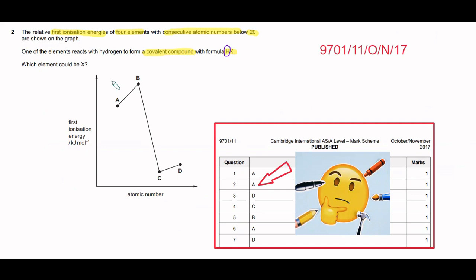In order to know whether A, B, C, or D is that particular halogen, we have to rely on the ionization enthalpy trend. I have group 1 and group 2. I'm not bothered about the rest of the groups because we have almost come to the conclusion that in HX, the X is from group 17. So I need only group 17 and group 18.